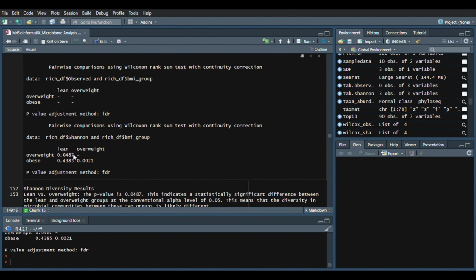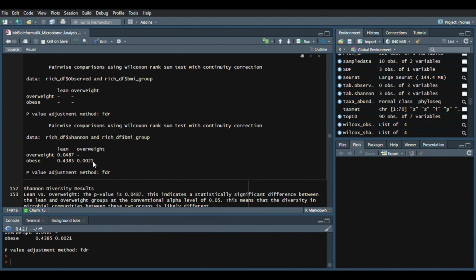For lean versus overweight, the p-value is 0.0487. This indicates a statistically significant difference between the lean and overweight groups at the conventional alpha level of 0.05. This means that the diversity in the microbial communities between these two groups is likely different. And for overweight versus obese, the p-value is 0.0021.